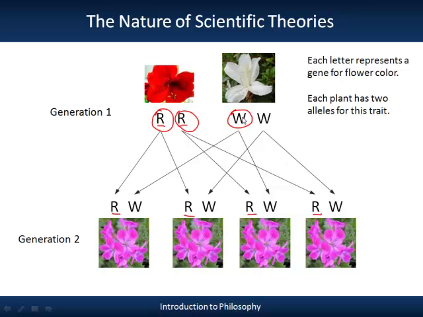Some offspring will get a copy of this gene, and some offspring will get a copy of this gene. As it works out, every plant in the next generation ends up with one of the alleles for the red color, and one for the white color. And this combination creates flowers that are pink in color.